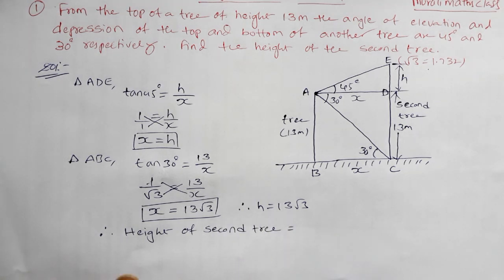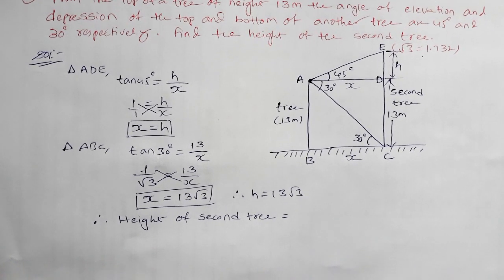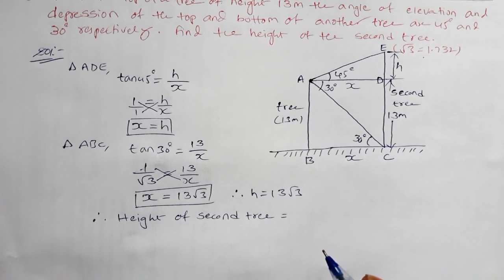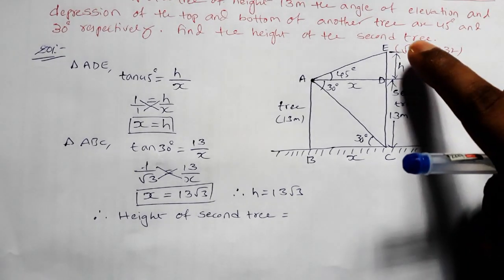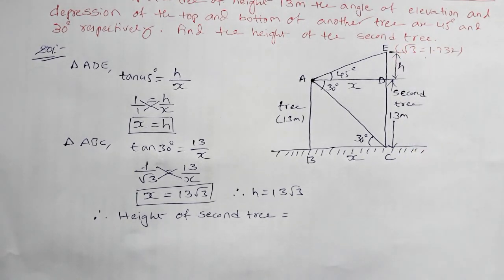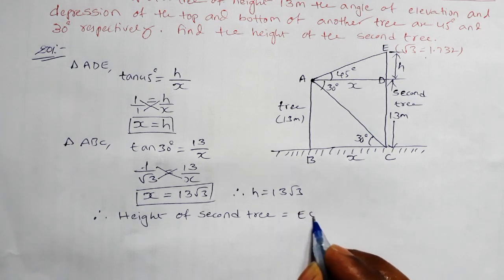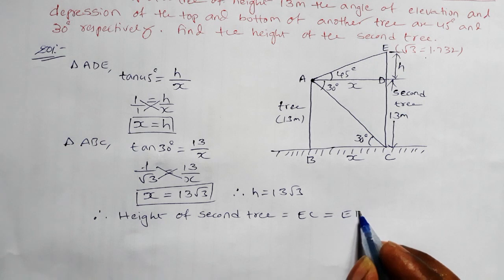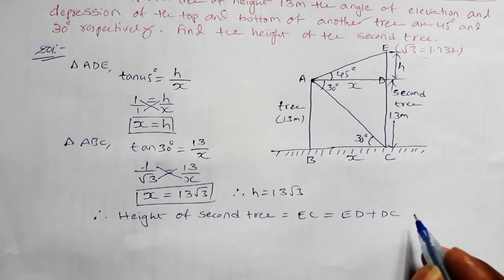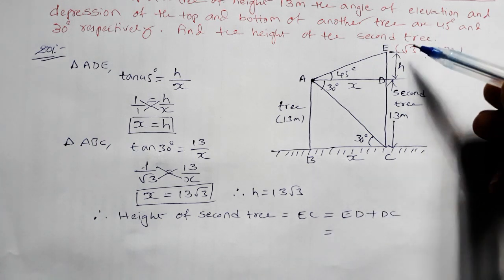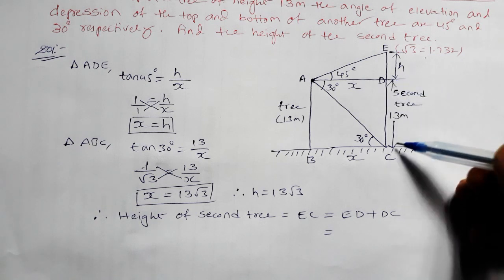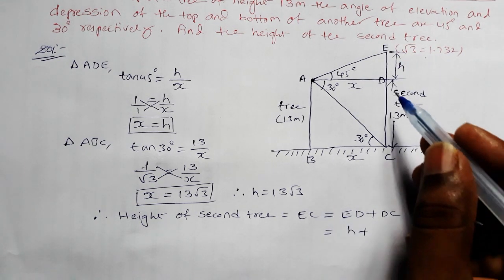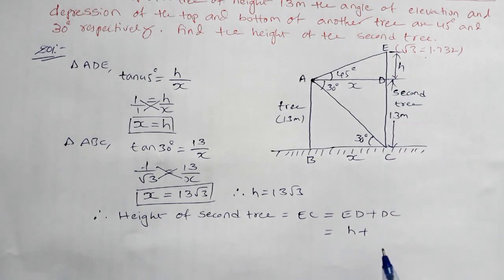equals height of the second tree is what? Height of the second tree is this one, E to C, EC, nothing but ED plus DC. ED is H, DC is 13.